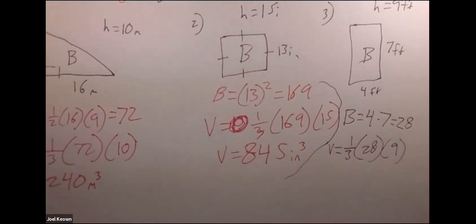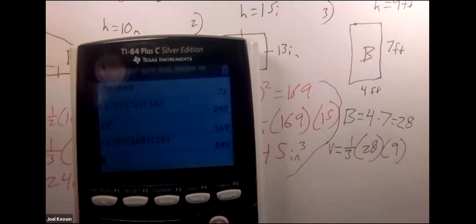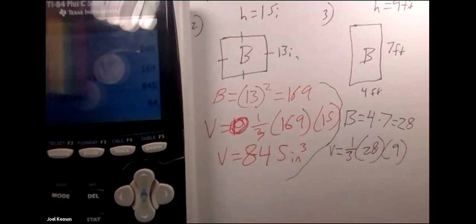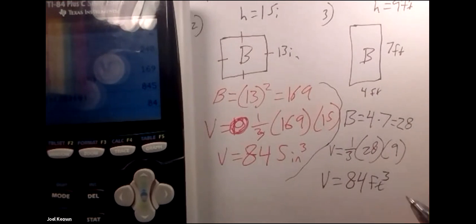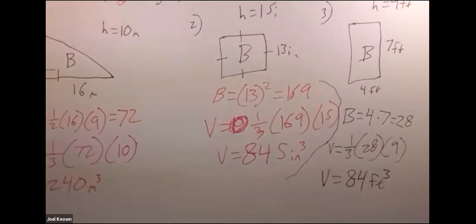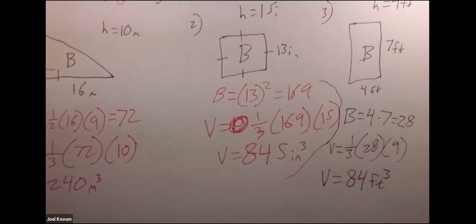Let's plug this into my calculator. 1/3, 28, 9. 84. My volume, 84, and then it's cubic feet. All right, so that's how we do the first three.